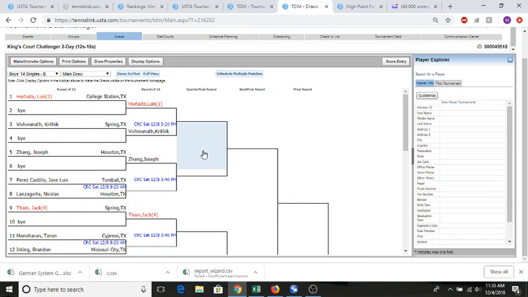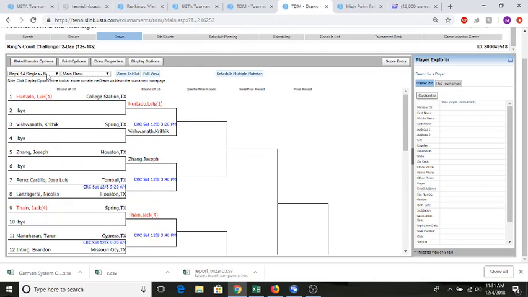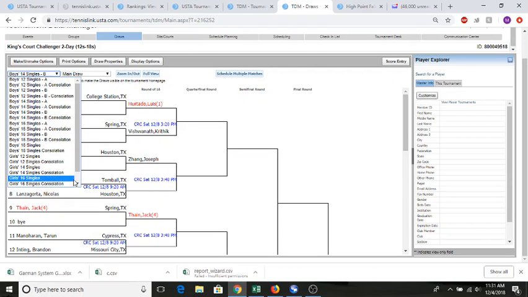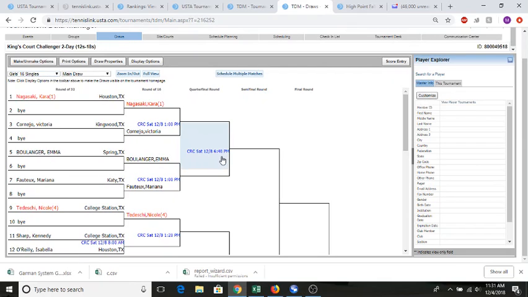But anyways, that's kind of the basics of the early consolation. Let's just say we waive the boys 14s A, boys 14s B quarters. Say they all are going to play Sunday. We'll go ahead and schedule normally. Let's see how late it comes out. Let's just try it. Girls 16s. And if need be, we'll just go back and reschedule the whole thing.